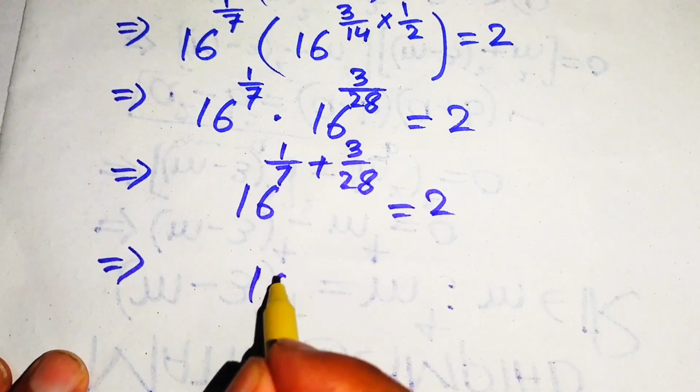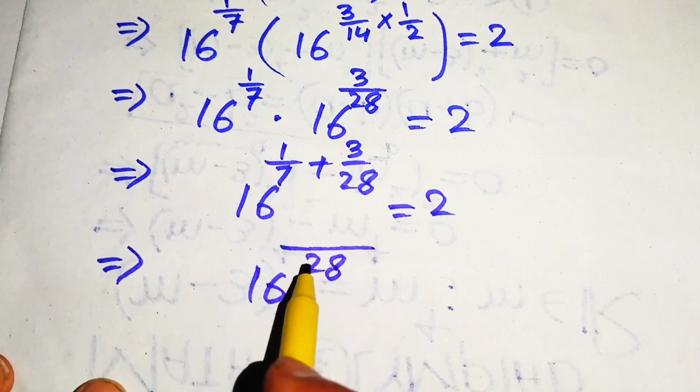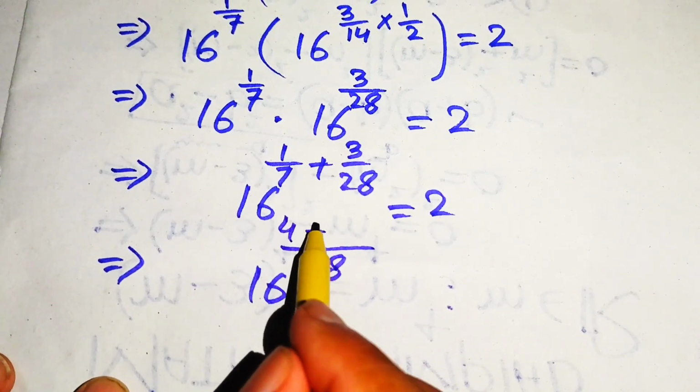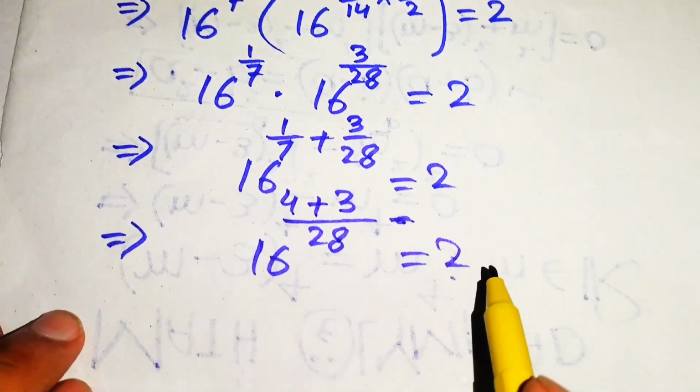Here we again take the LCM of this term: 7 4s are 28. So we have 4 plus 3, and this whole term equals 2.